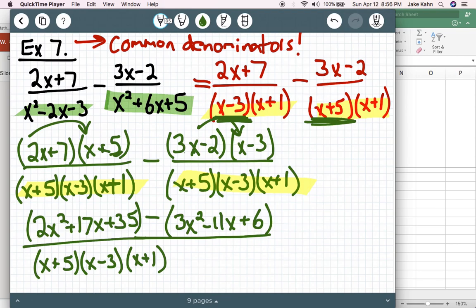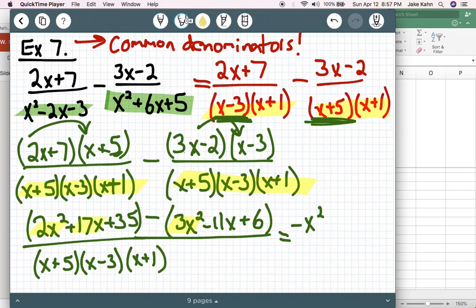All right. And now we're actually going to do this subtraction, right? There's a reason that I wrote parentheses on top. Remember what I said, when you're subtracting polynomials, it's really important that you use parentheses because you need to subtract each term in those parentheses. So what does that top come out to? Well, first thing that we do is 2x squared minus 3x squared, which is going to be negative x squared.